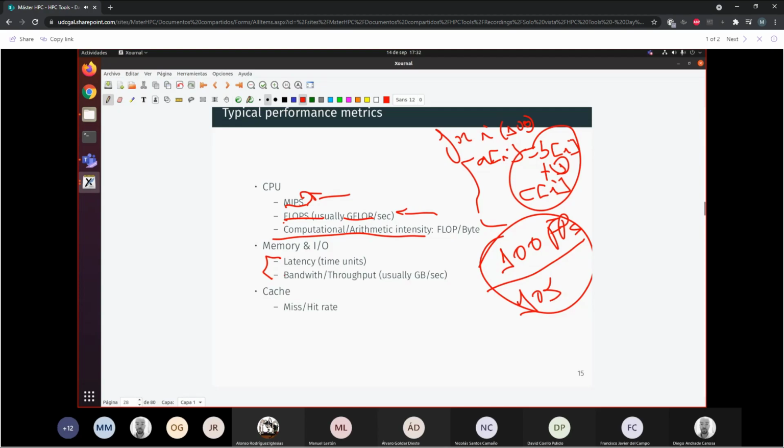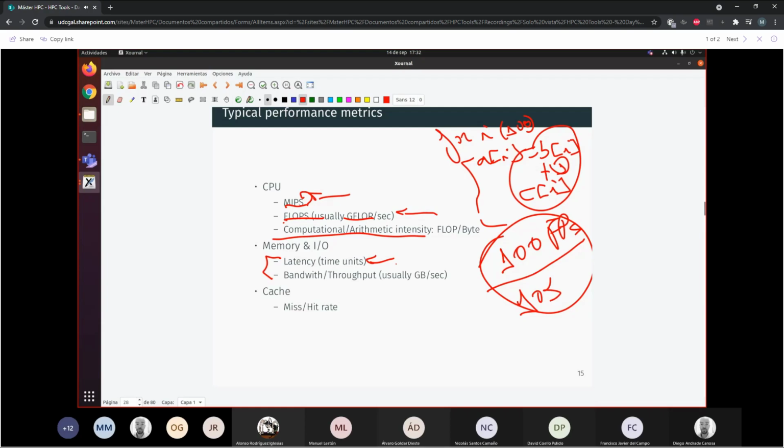Okay, 2 nanoseconds or 3 nanoseconds. But also you have a related concept, which is the bandwidth. Okay, that is a metric of throughput or productivity. So how much information you are able to transfer per time unit.